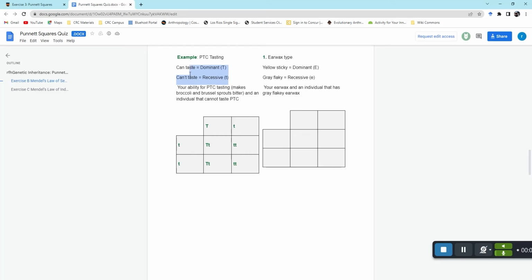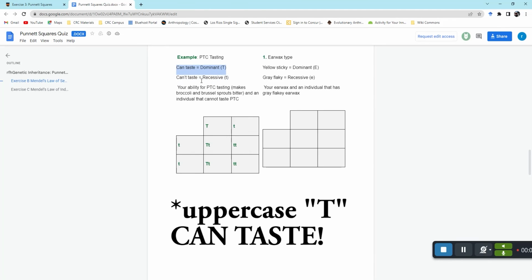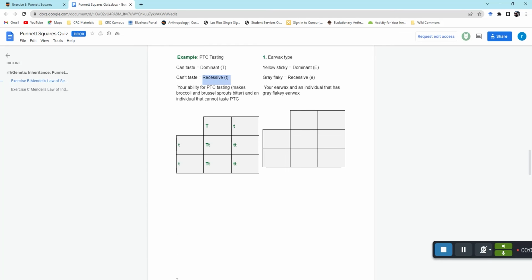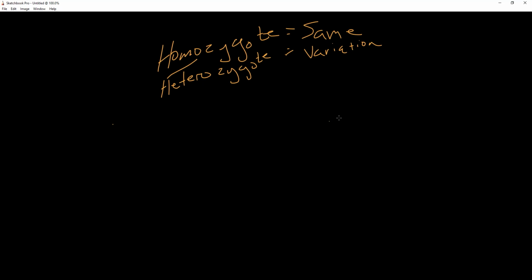But remember that in order for a recessive to be expressed, we need a homozygote recessive, which equals, in our case, lowercase t and lowercase t.